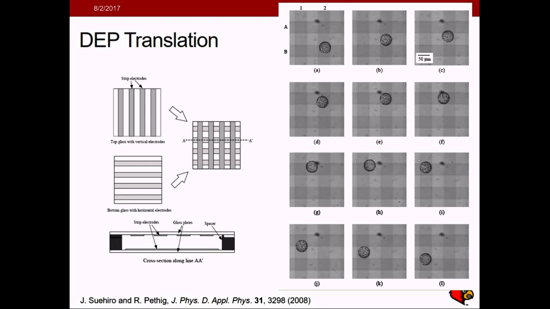Another way, outside of sorting, is to translate particles. In this case, we're translating individual particles. So you have a strip of independently addressable electrodes on the top and on the bottom. So it's a three-dimensional arrangement of two planar electrode surfaces. You can independently address these electrodes and have a particle translate around to different portions within this.